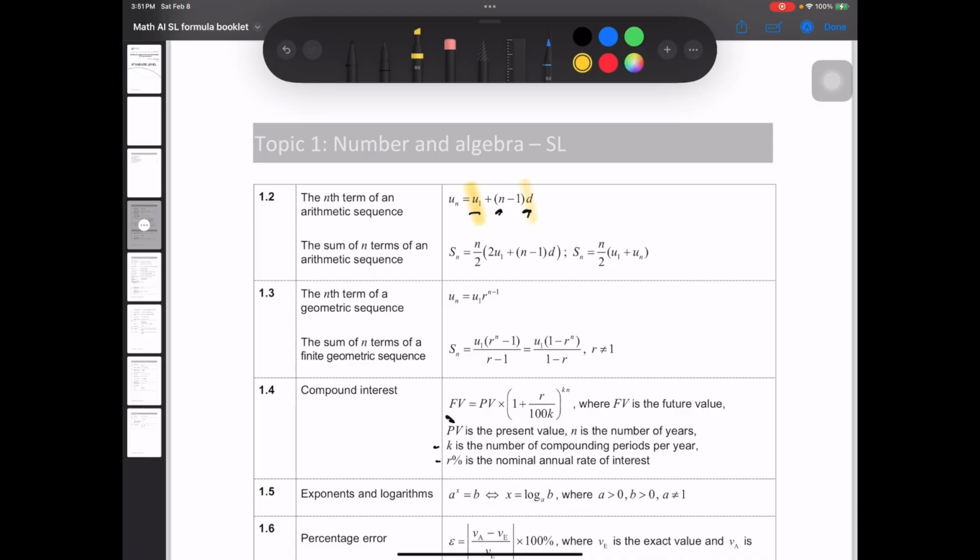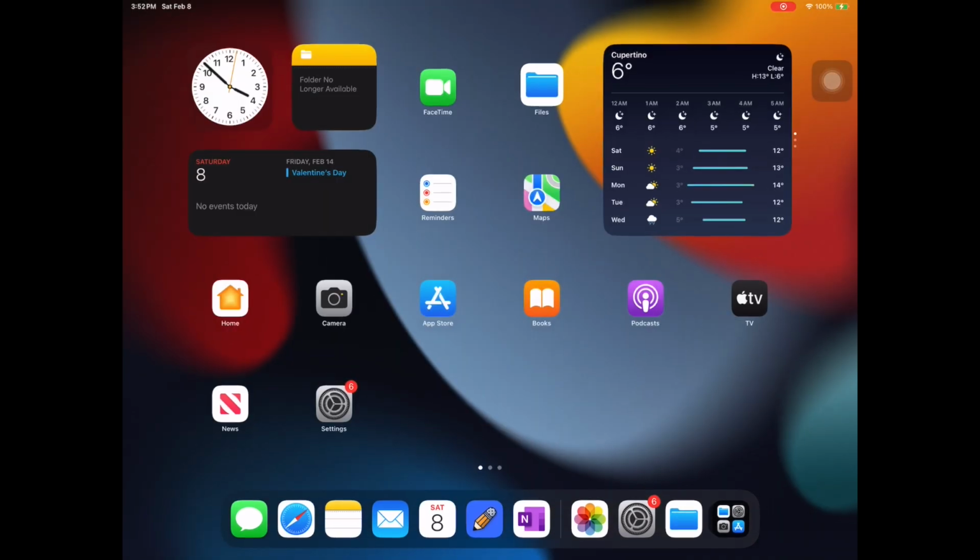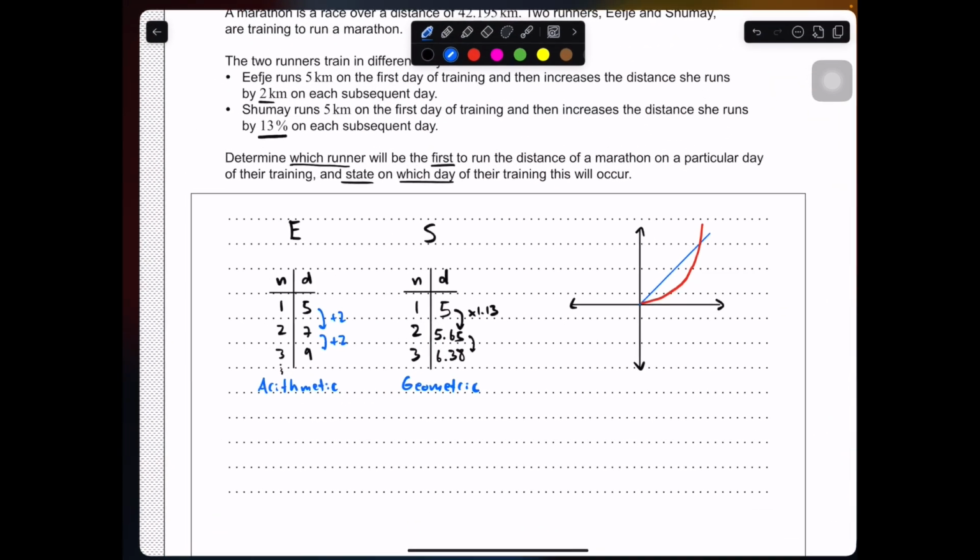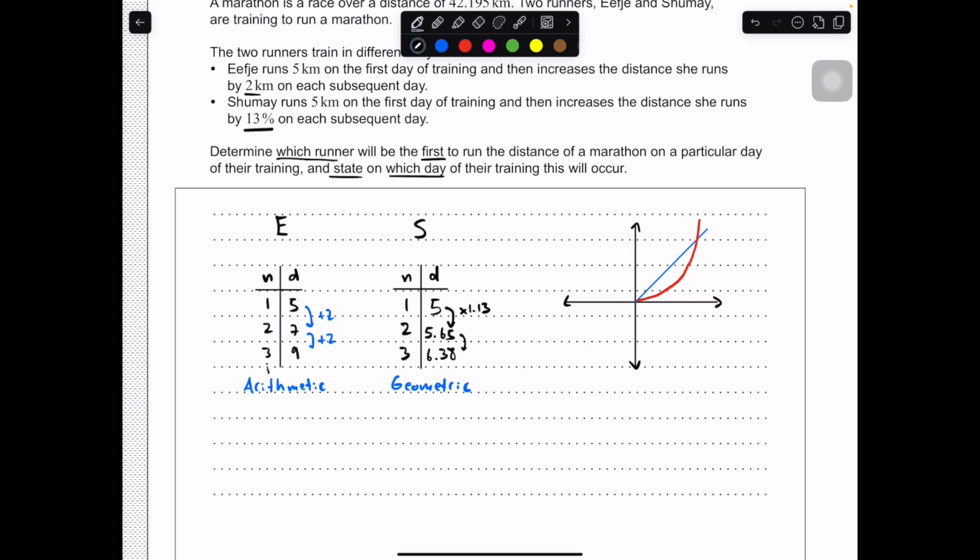And if we're talking about a geometric sequence, we're going to need the first term and the common ratio, what we multiply by to go from one term to the next. So let's go ahead and write out those formulas. un is equal to u1 plus n minus 1 times d. u1, the value of the first term, is 5, plus n minus 1, and the common difference is 2.